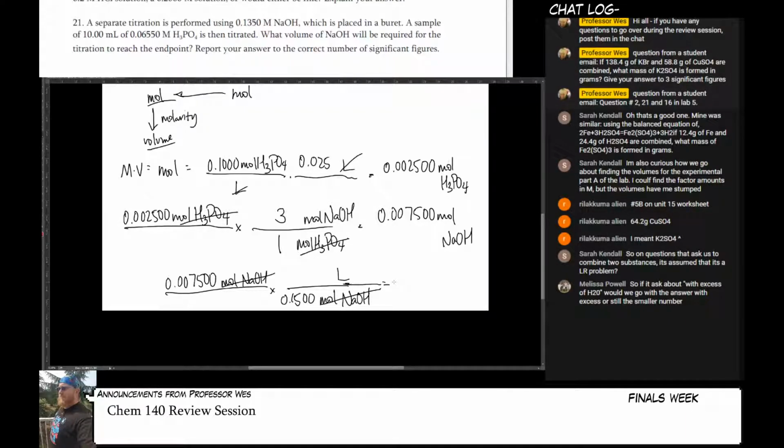So how many liters would it take to do the titration? What I get is 0.05000 liters, or 50 milliliters. So that's how you do this type of problem.